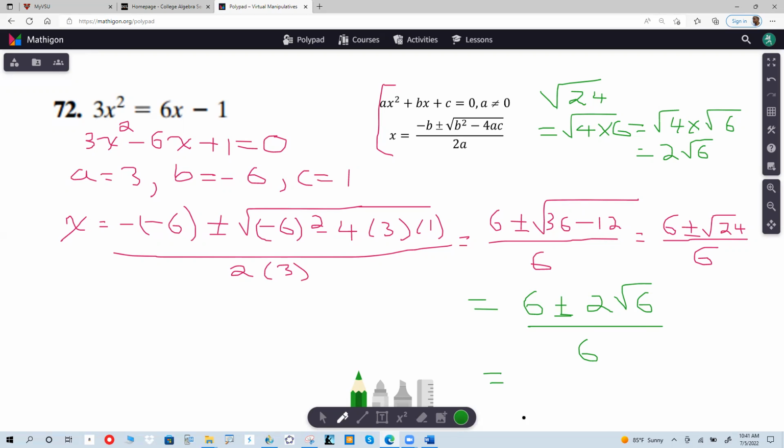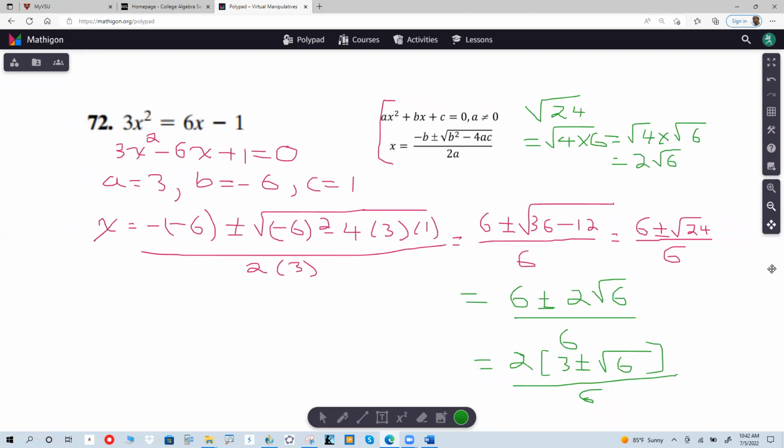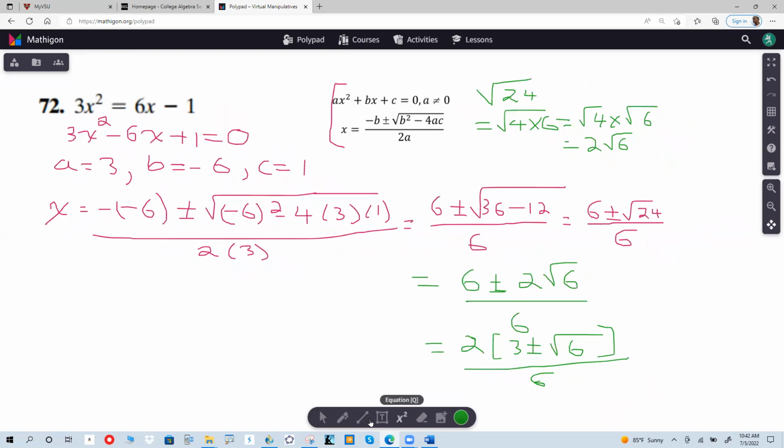If you factor out 2, you're going to get a 3 plus minus square root of 6. In the bottom, you have 6. It's a little bit of work. And then you can divide this and this, and you're going to get a 3 in the bottom. So your final answer is 3 plus minus square root of 6 over 3.